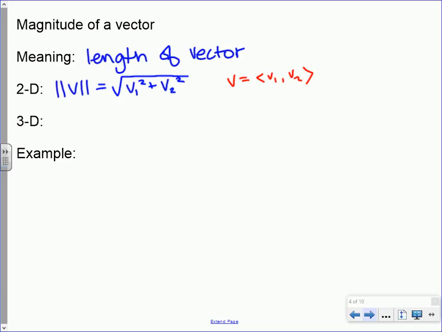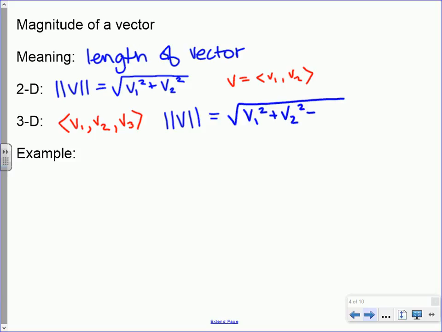In 3 dimensions, if our vector is v1, v2, v3 to represent our 3 different components, then what's going to change about the magnitude? We just have that third dimension squared.